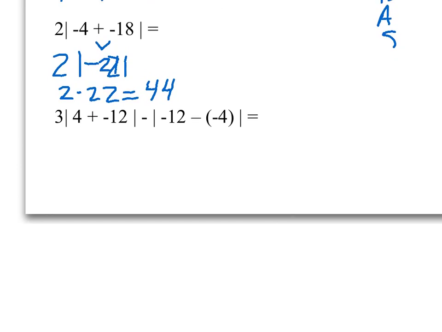Now this last one, it looks like it's supposed to be super difficult. It's not. We've got 2 sets of grouping symbols. First thing we're going to do is find the value inside those grouping symbols. 4 plus -12 is 8. Positive or negative? -8. So this is going to be 3 times the absolute value of -8 minus -12 minus -4.